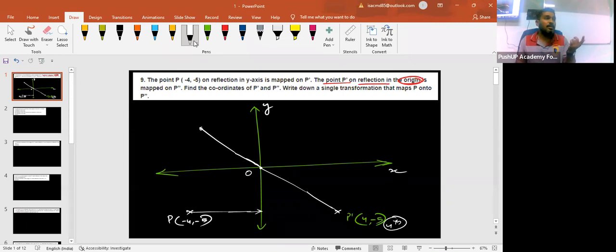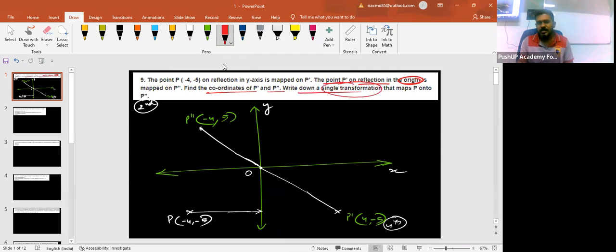Which is the diagonally opposite quadrant to the fourth quadrant? It is the second quadrant. So it will reach over here, which I will name as P double dash. You know very well in the second quadrant, x is negative, y is positive. So 4 will become -4 and -5 will become +5.